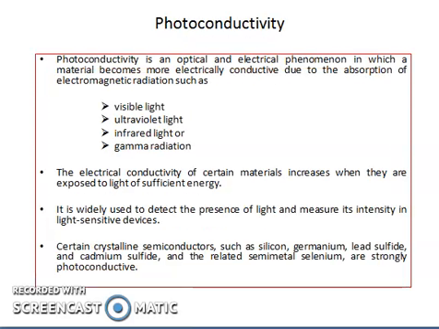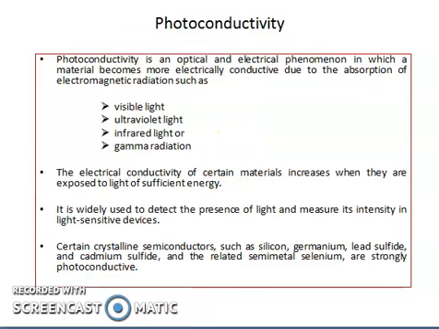So next we have to see about photoconductivity. Photoconductivity is an optical and electrical phenomenon in which a material becomes more electrically conductive due to the absorption of electromagnetic radiation, and the electromagnetic radiation may be visible light, ultraviolet light, infrared light, or even gamma radiation.